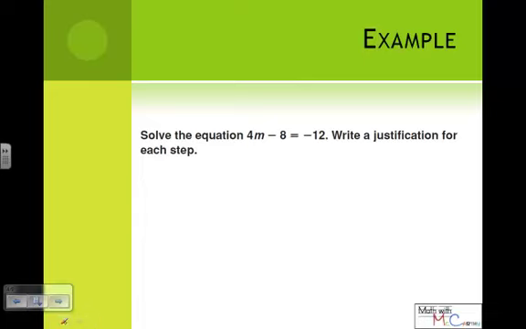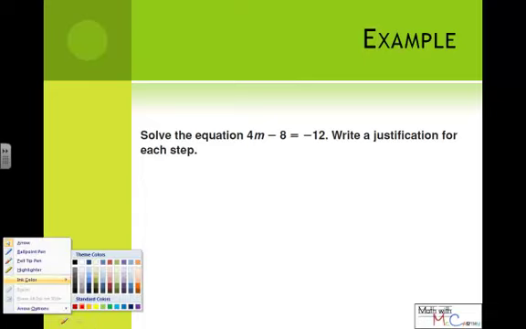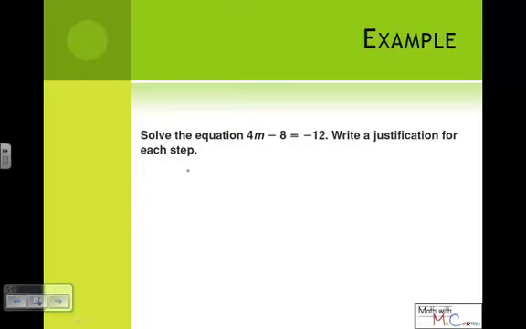So we're going to solve this particular equation, and we're going to justify each step with a property. So our steps are going to start off with 4m minus 8 equals negative 12. And our justification for that is that's what we are given. Now the next thing you might want to do is add 8 to both sides.